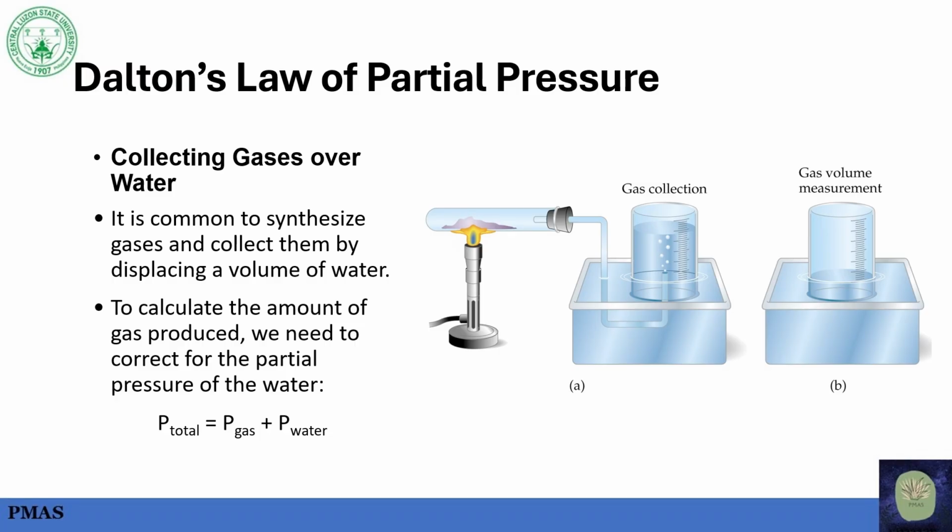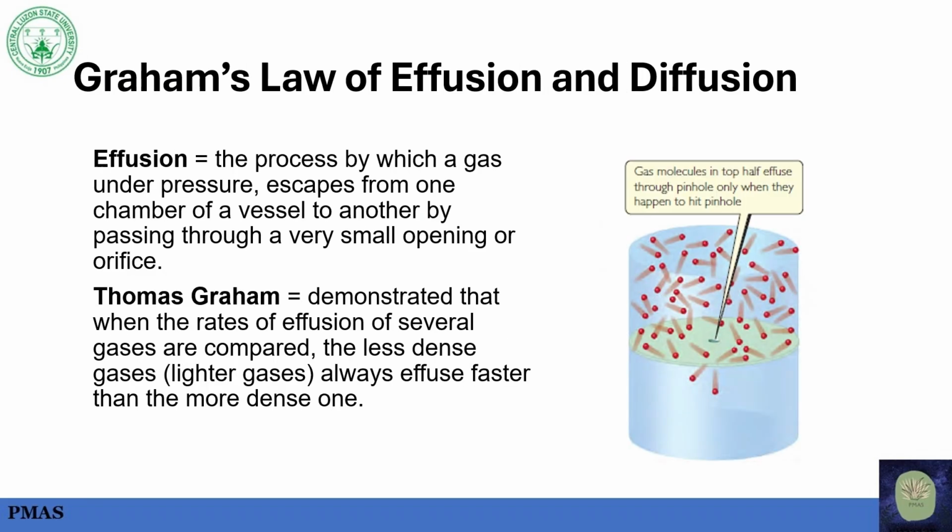So in this container, if we decompose a substance, it produces a gas, right? But the gas that would be here is composed of gas and water vapor. So it is a mixture. Now, to get the pressure, we must correct for that.